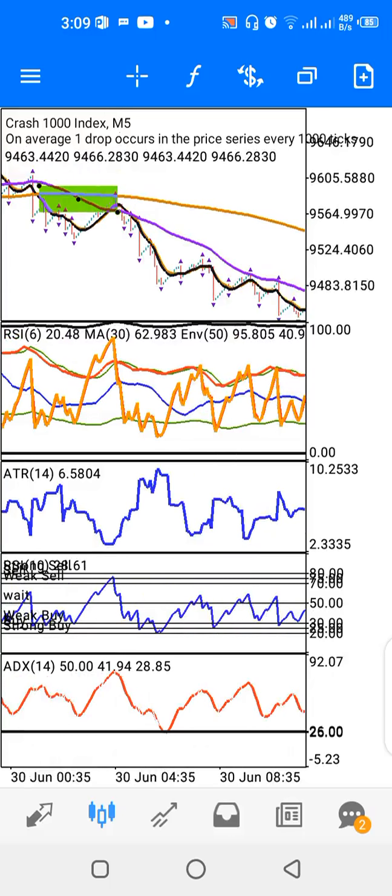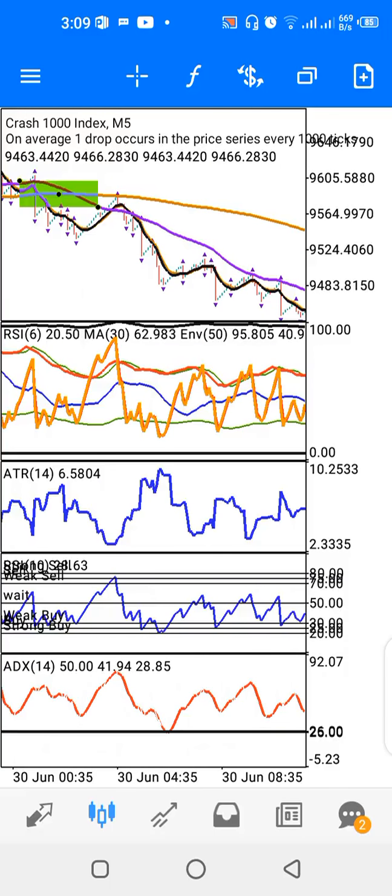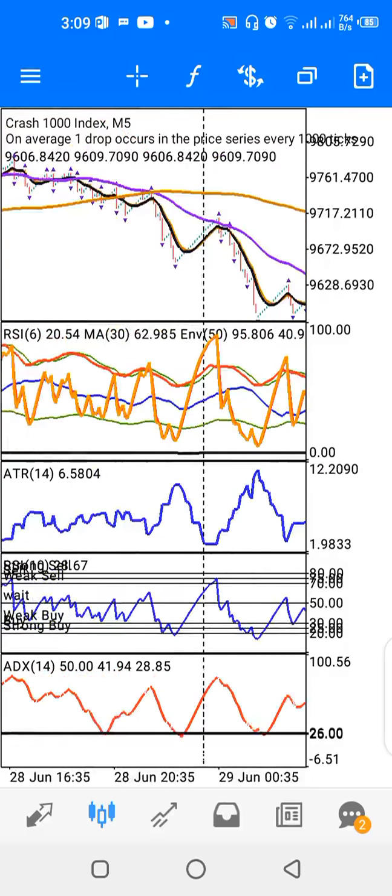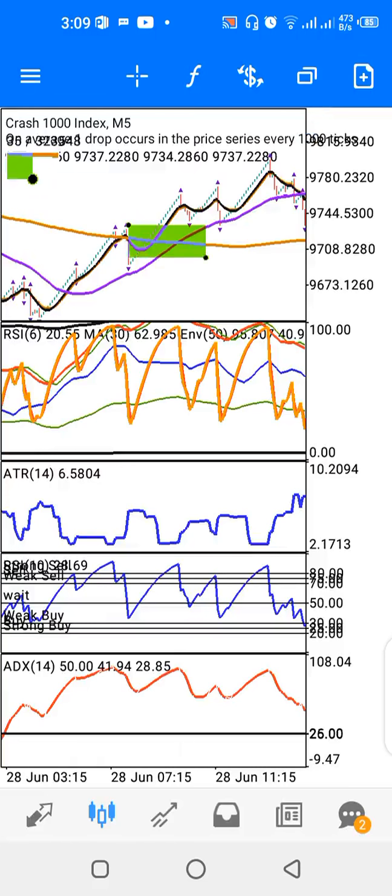In as much as I can identify this, then I'll look for selling opportunities or sell signals. Don't forget, when the two lines cross above for boom index, that's when you can buy boom index. It's safe for you to buy since you are in a bullish trend and you expect price to start to spike upwards.